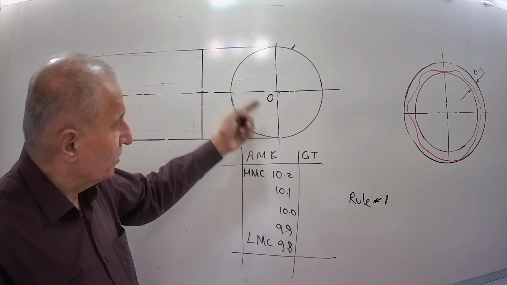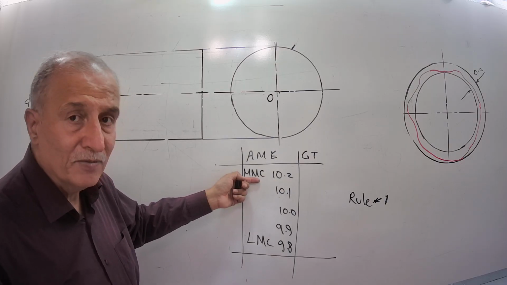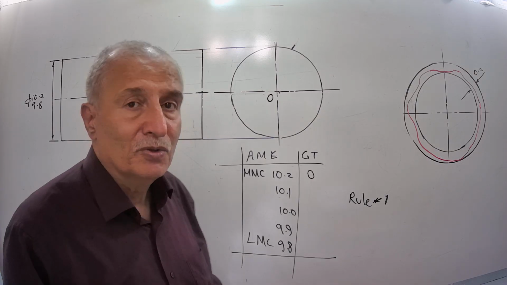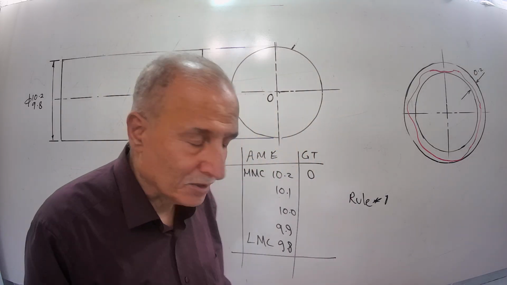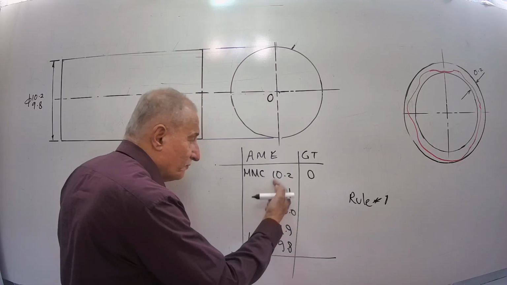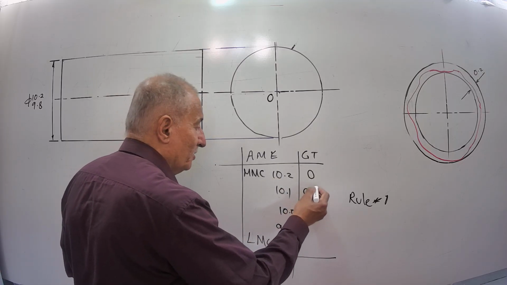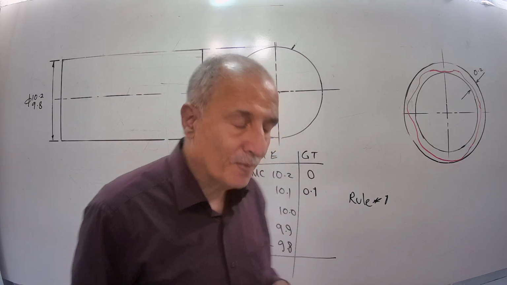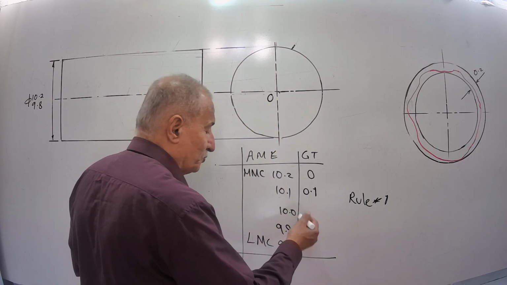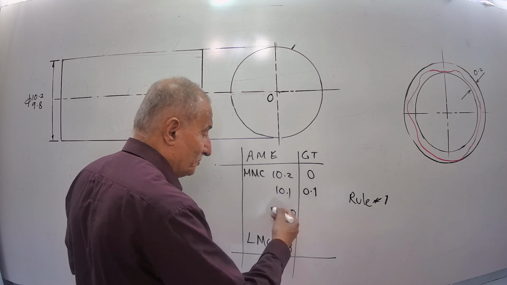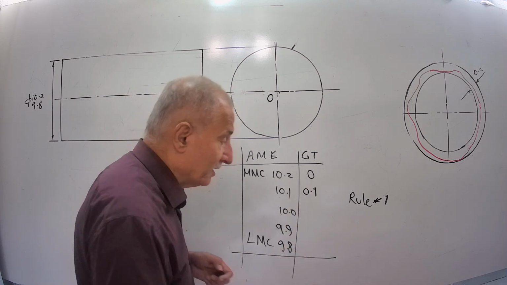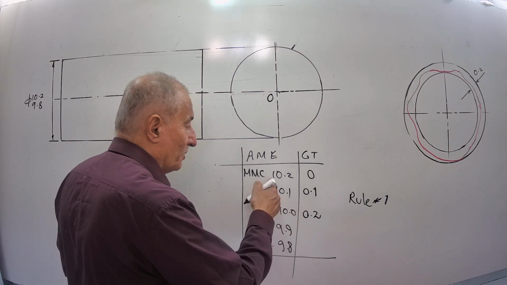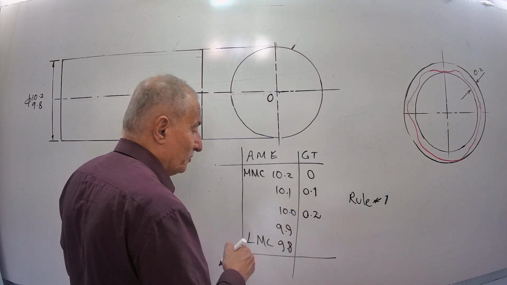Here rule number 1 says if you produce at MMC, it must be perfect, meaning no error is accepted. Zero geometric tolerance. But if you depart from MMC, how much is the departure? 0.1 mm. You have a space for your errors. If you produce at 10, the actual size of the shaft after production, you measure it and it is 10, then you departed 0.2 from MMC size, you have a space for your errors.